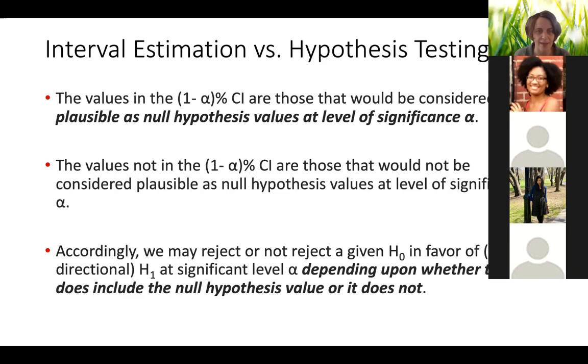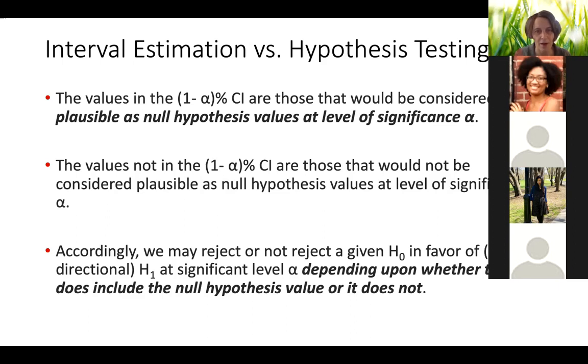Yeah, so again, those values that are within the confidence interval are plausible as null hypothesis values, whereas values that are outside the confidence interval are not plausible as a null hypothesis value.